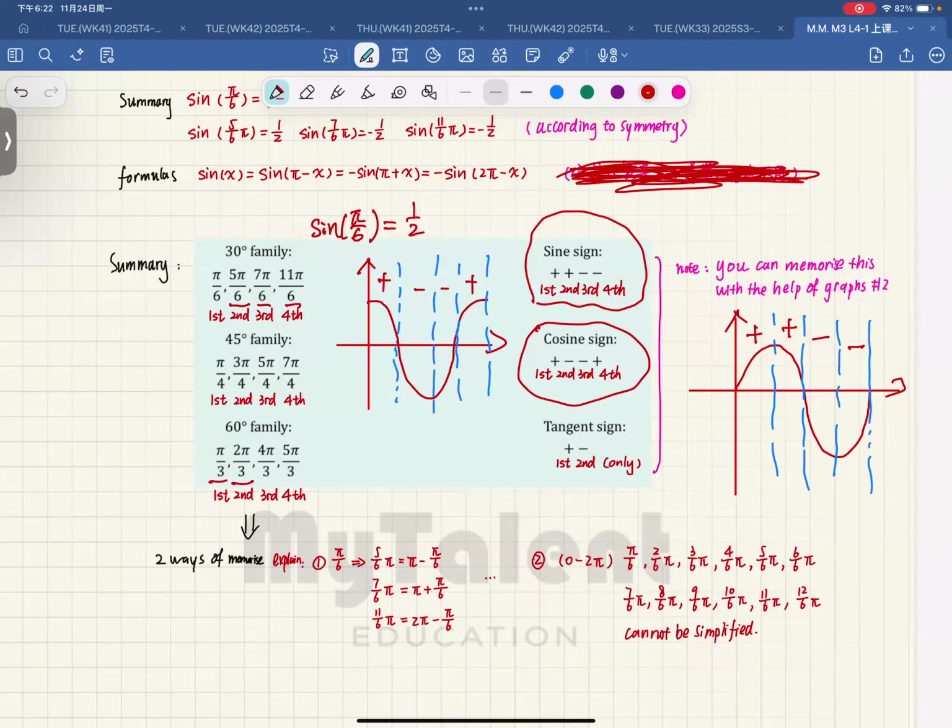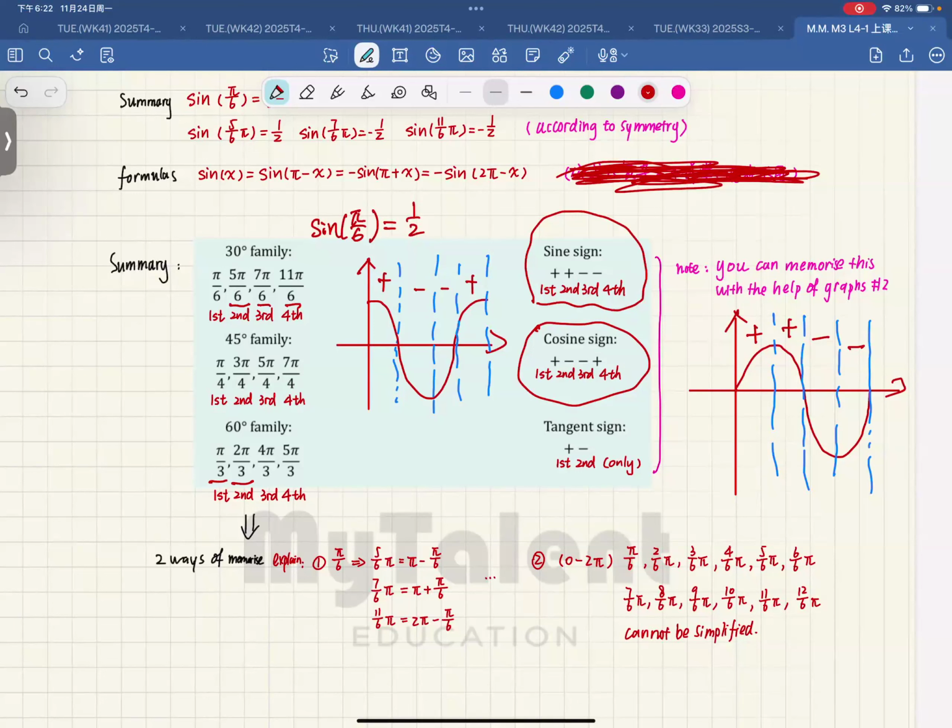You can minus 2 pi, but you cannot minus 5 pi. So this one is equal to cosine 5 pi over 3.